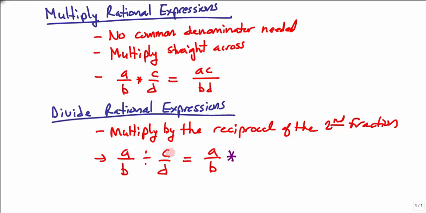Reciprocal means to flip C over D, and I would get D over C, and then I'd multiply as usual. So I'd have A times D is AD, B times C is BC.